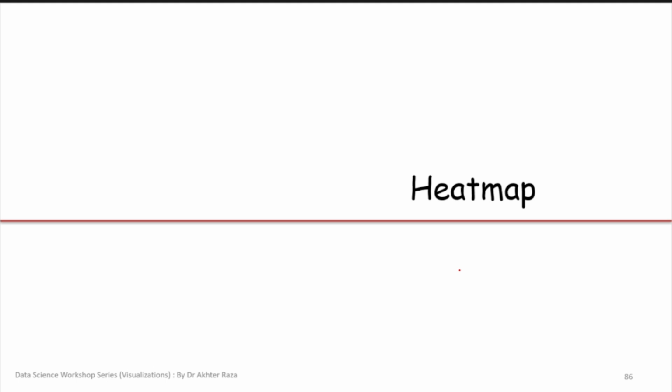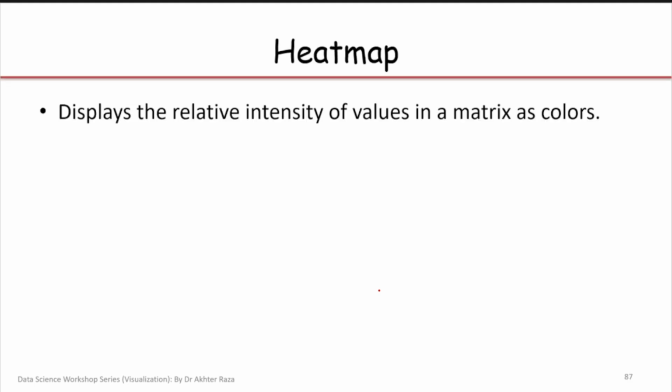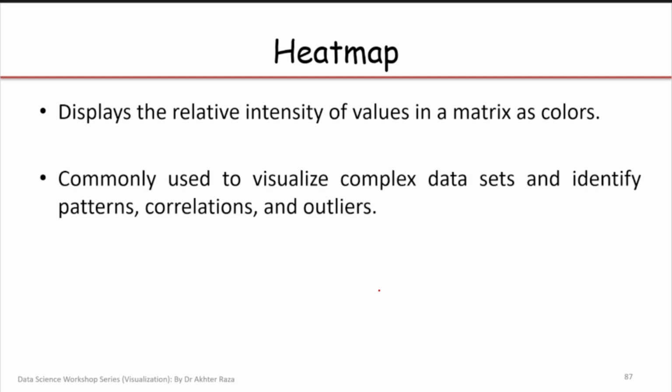This method automatically clusters the rows and the columns to highlight the patterns and relationships in the data. You can also use the ggplot command to generate a heat map. A heat map displays the relative intensity of the values in a matrix by color. It is commonly used to visualize complex data sets and identify patterns, correlations and outliers.